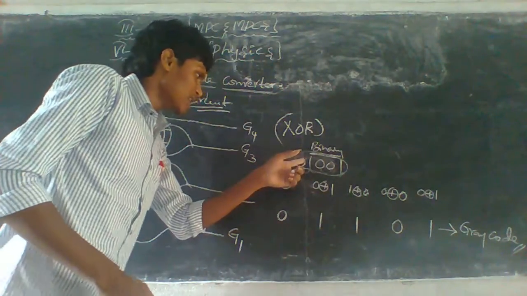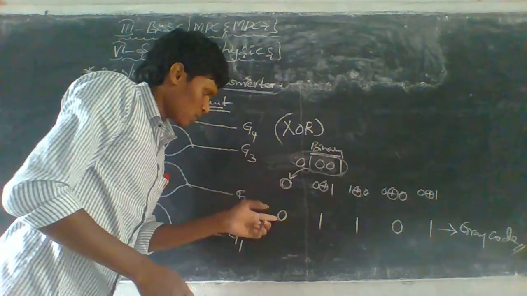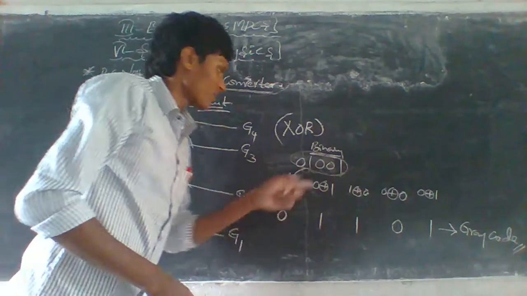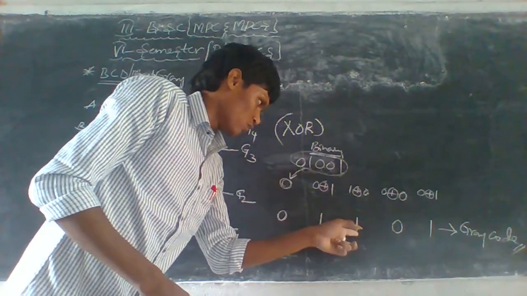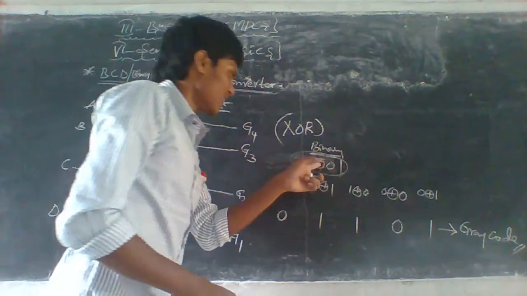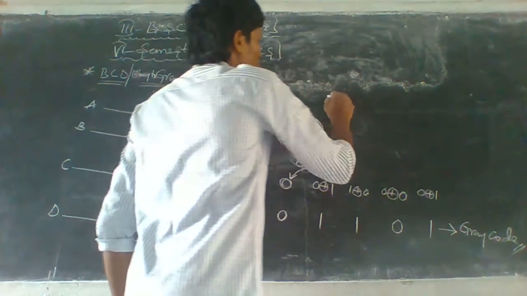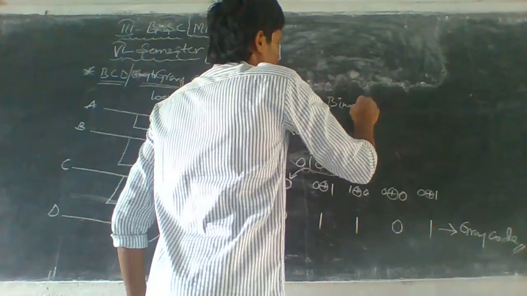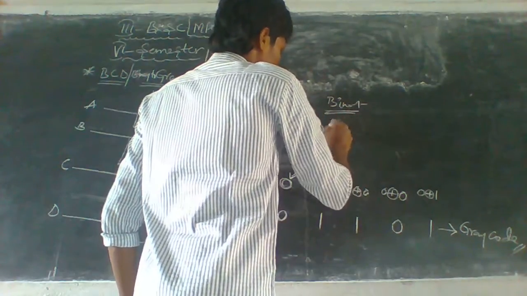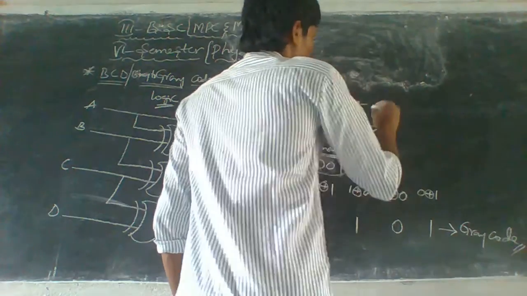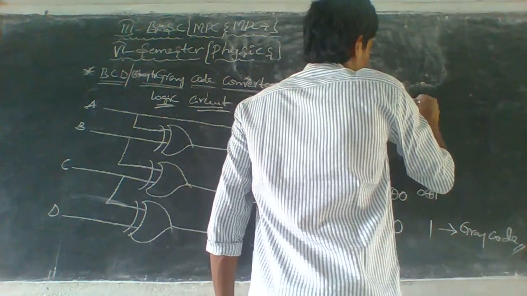So 0, 0 plus 1 is 1, 1 plus 0 is 1, 0 plus 0 is 0, and 0 plus 1 is 1. So here the binary number is 01001, and to the gray code converter.